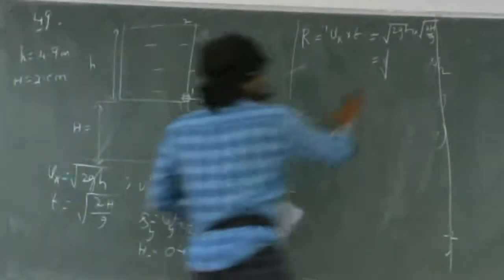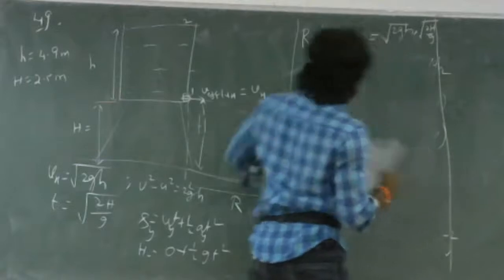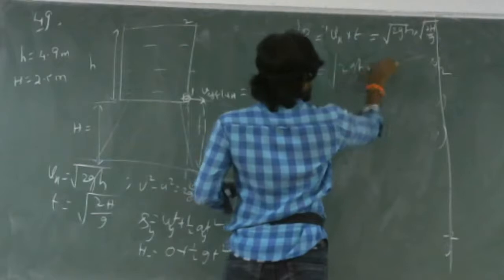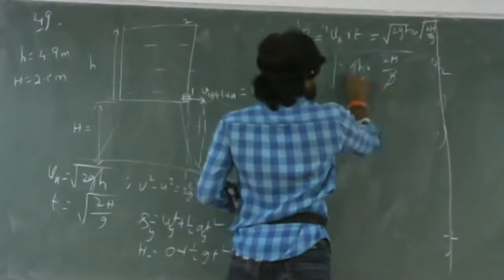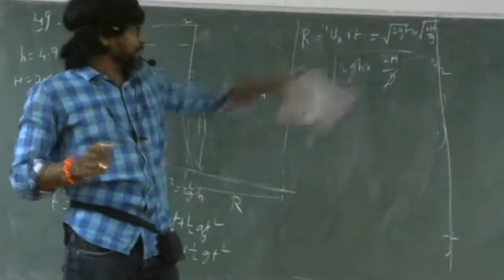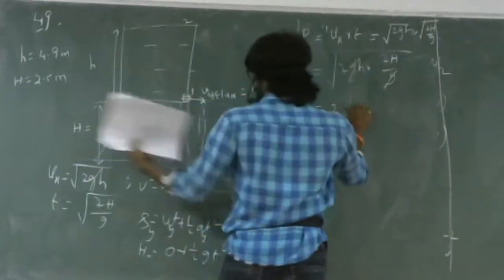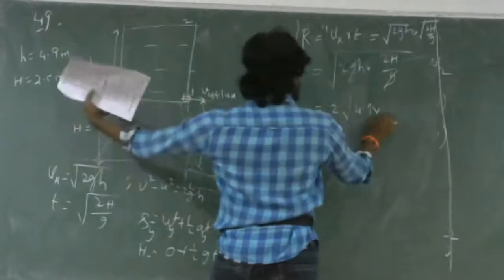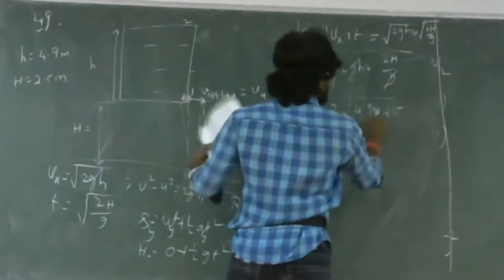So it is square root of 2gh into 2 capital H by g under a single root. g gets cancelled, 2 into 2 is 4, h into capital H. So here 4 you can take out. So 2 into square root of small h, which is 4.9, into capital H, which is how much? 2.5. Are you getting this?